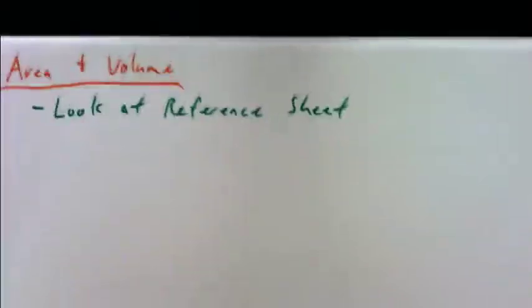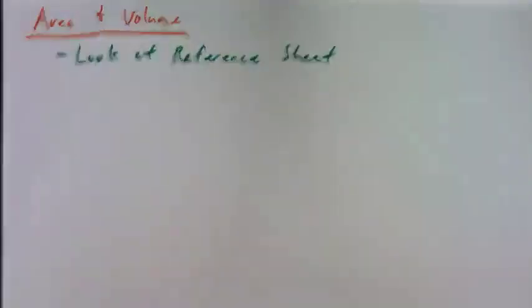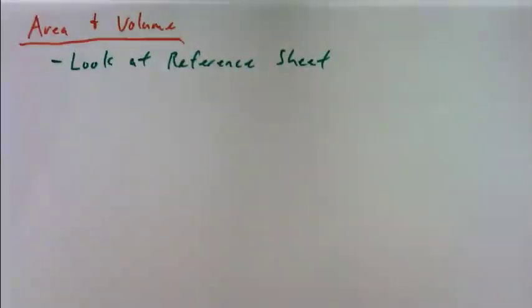Again, they give you most of what you need for that section on the reference sheet. So they give you area formula of a circle, of a rectangle, of a triangle, volume formula of a prism, a cylinder, a sphere, a cone, and a pyramid. They give you all that. So use the reference sheet.